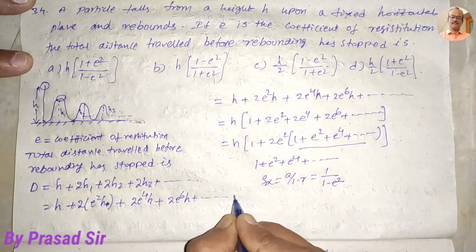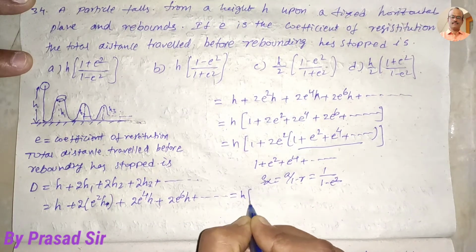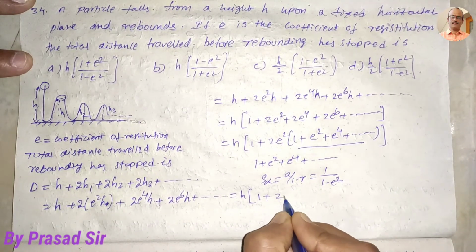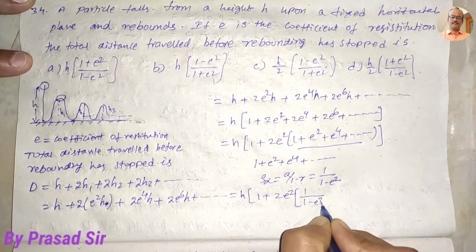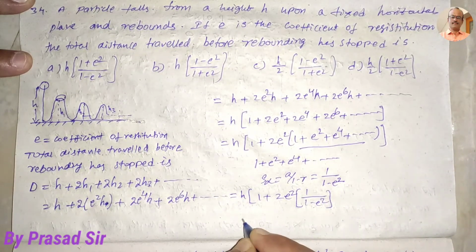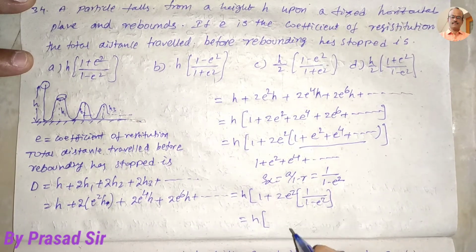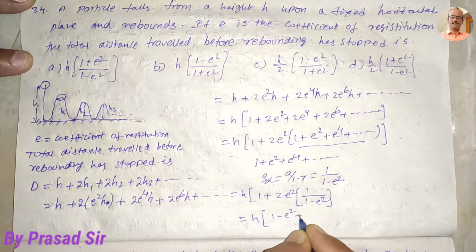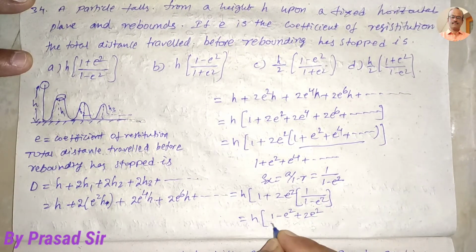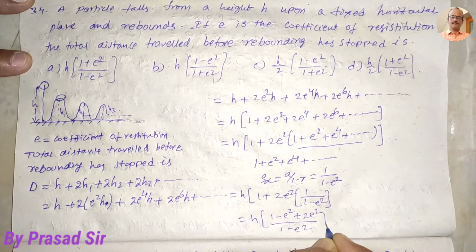Now substitute in this case h times 1 plus 2e² times 1 divided by 1 minus e². On simplification, h is equal to h times (1 minus e² plus 2e²) divided by 1 minus e².